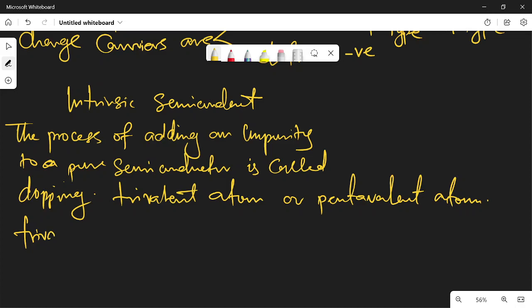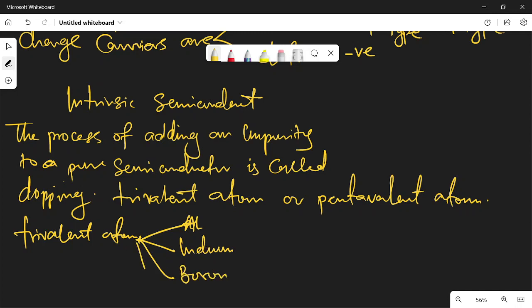So when you say trivalent atom, we have aluminium. Which other one? We have indium. Which other one? Boron. Thank you. Which other one? I think 4 is okay, so let me say thallium.